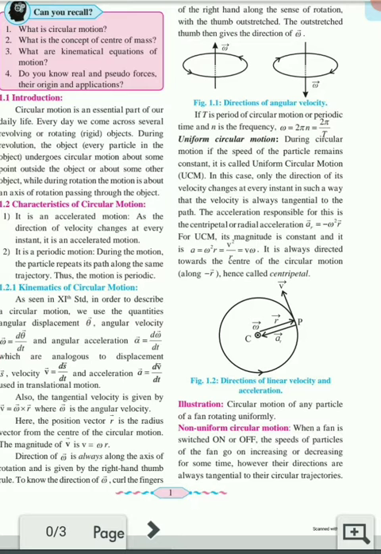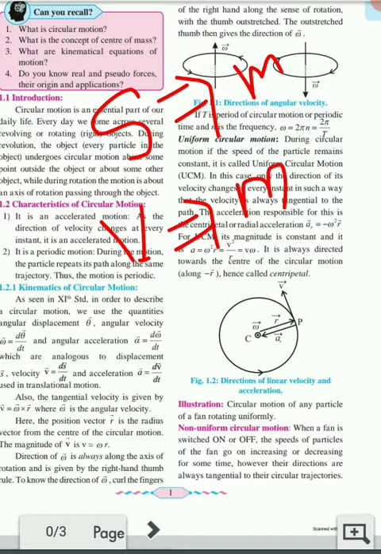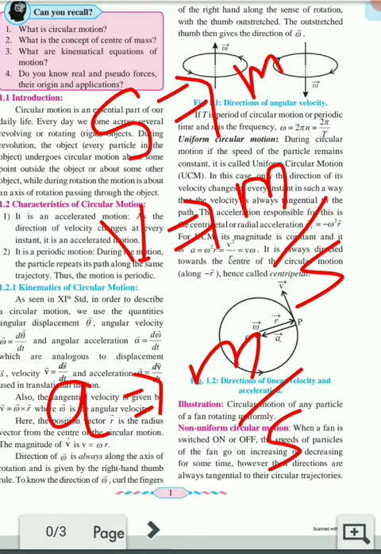Linear displacement is represented by the notation S, and its SI unit is meter. Linear velocity is represented by V, and its SI unit is meter per second. Linear acceleration is denoted by small a, and its SI unit is meter per second square.